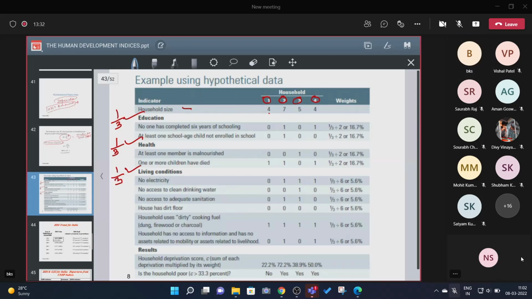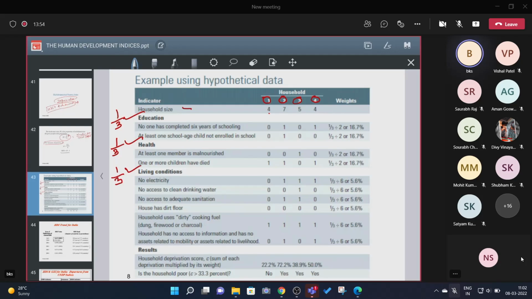In education, we have two indicators to capture the deprivation. One is no one has completed 6 years of schooling, and the other is at least one school age child not enrolled in school. So you see, these are negative indicators, not positive indicators as in the case of your HDI.